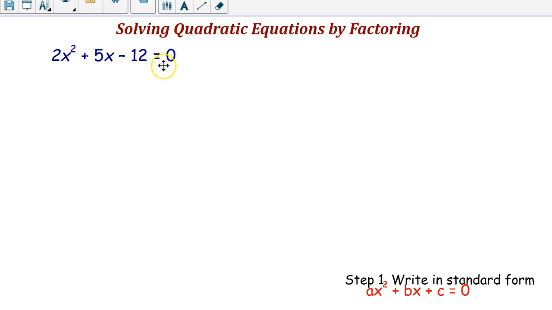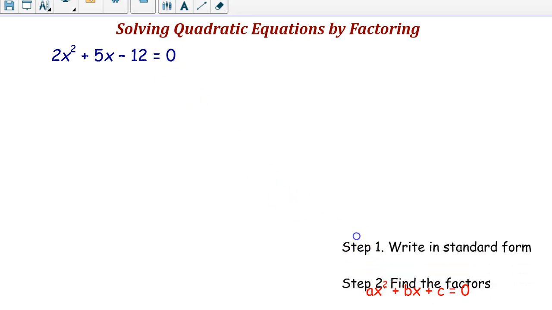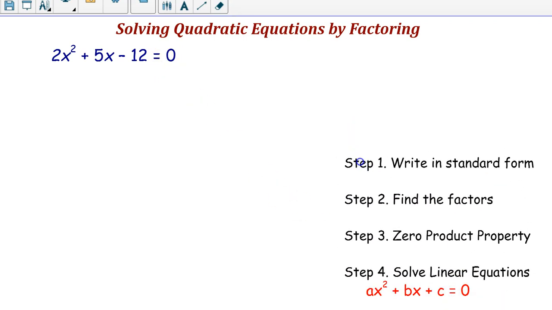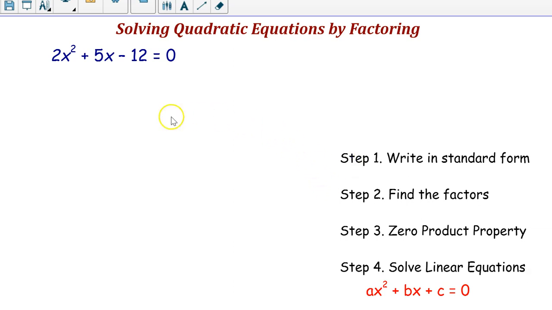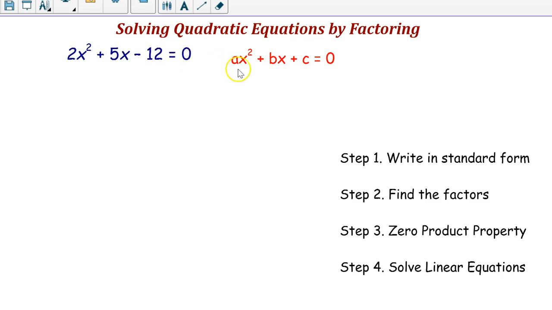Here it is an equation because on the right hand side I am seeing it is equal to 0, and the equality sign is over there. So I have steps here. In the first step we will write this quadratic equation in standard form. In fact, you already have this in standard form, because you know that the standard form of a quadratic equation is ax squared plus bx plus c equal to 0.